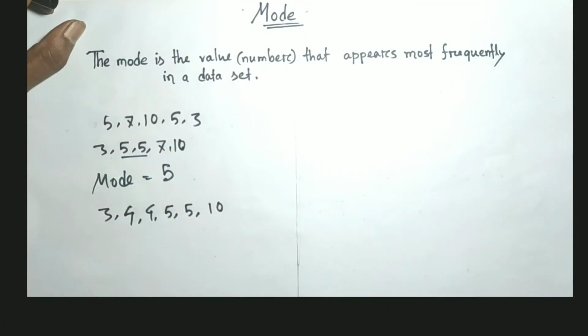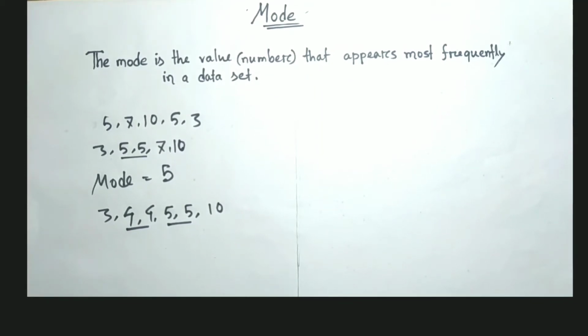Here we can see another example of an individual series, and in this example you can see that 4 and 5 are occurring the same number of times in the data, both appearing most frequently in the dataset. So in this dataset, which value will be the mode? The simple answer is that 4 and 5 are both modal values of this dataset.